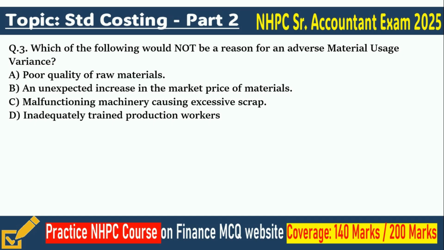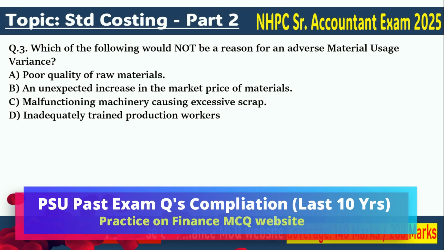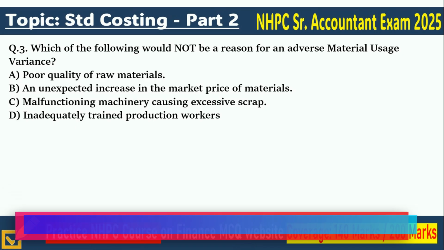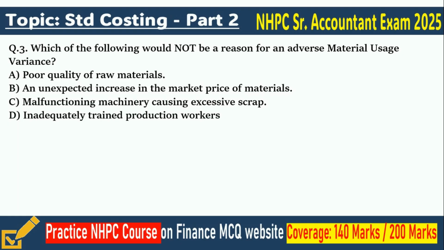Moving on, friends, which of the following would not be a reason for an adverse material usage variance? Option A, poor quality of raw materials, option B, an unexpected increase in the market price of materials, option C, malfunctioning machinery causing excessive scrap, option D, inadequately trained production workers.